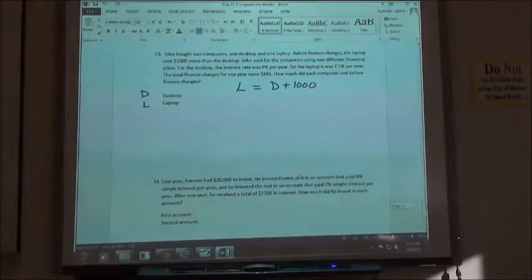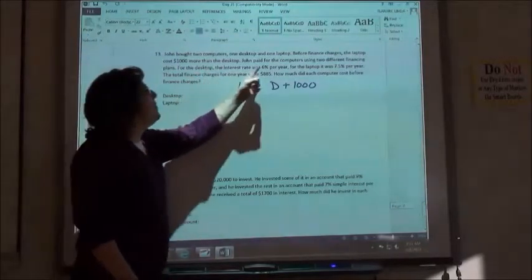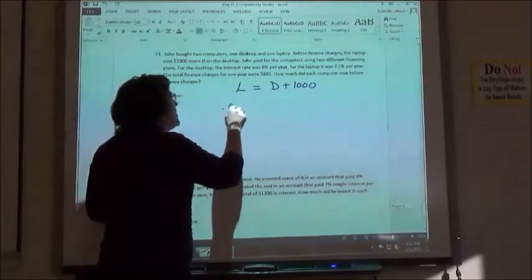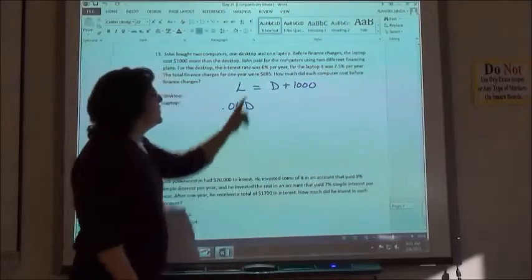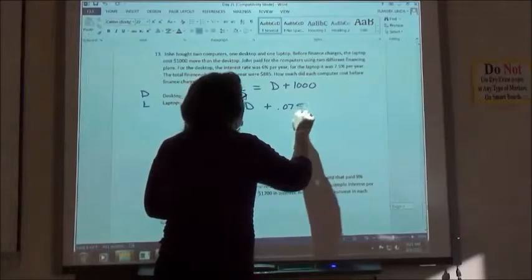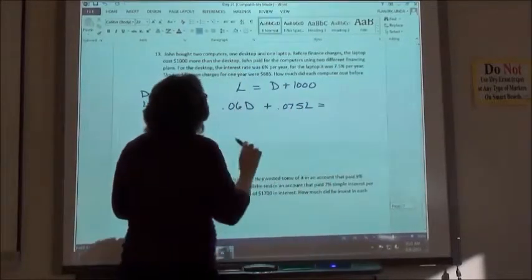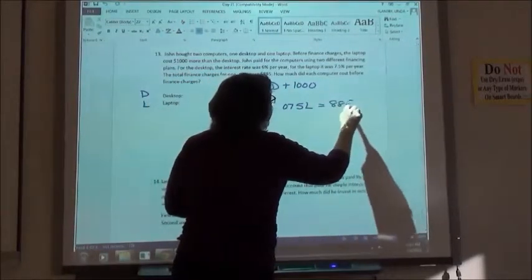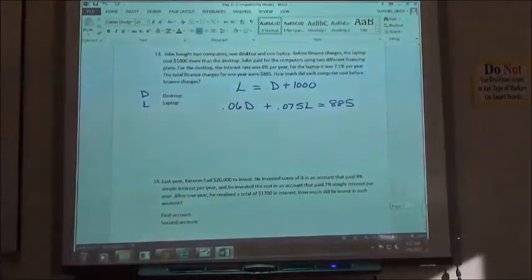Again, we have 2 different financing plans. For the desktop, it was 6%, so 0.06D. For the laptop, it's 7.5%, so plus 0.075L. Total finance charges, $885. So again, we're going to solve by substitution.